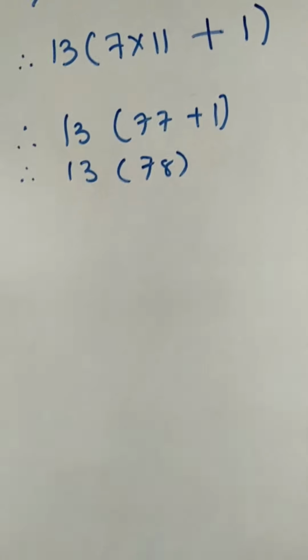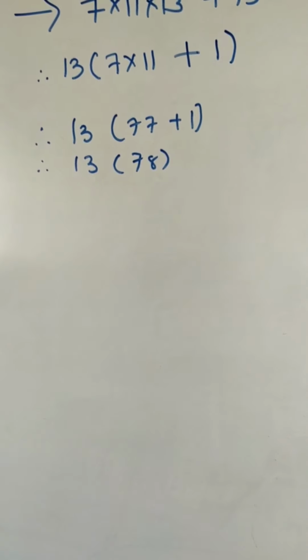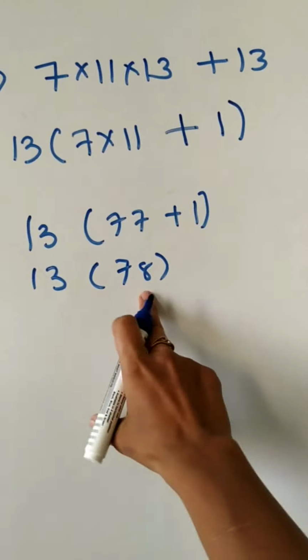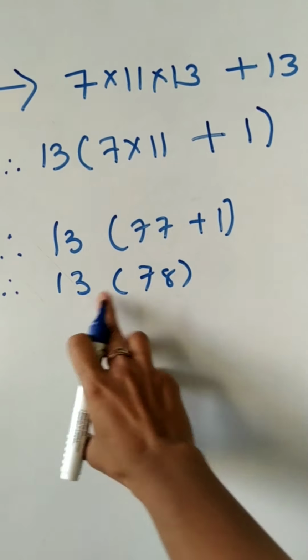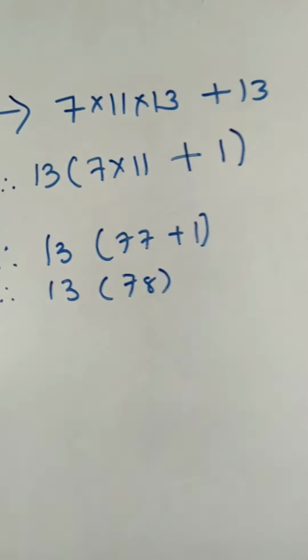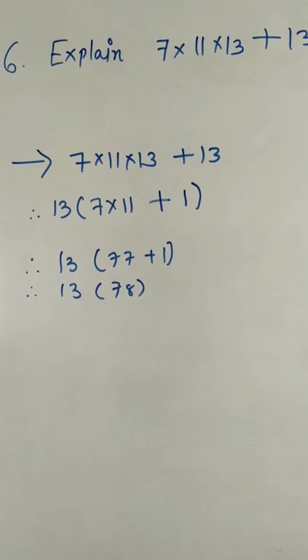Now here you do not have to multiply this number. If you want to multiply you can, but here we have already decided that this number has two factors, one is 13 and the other is 78, which means this number is not a prime number.